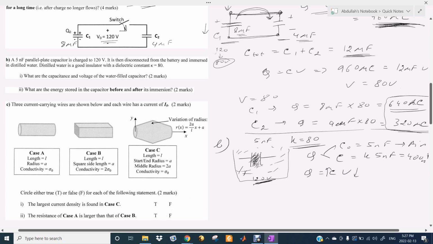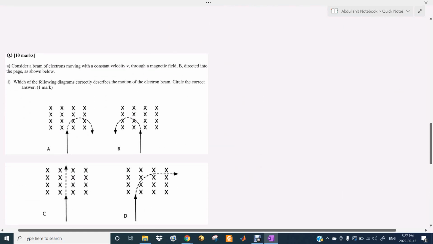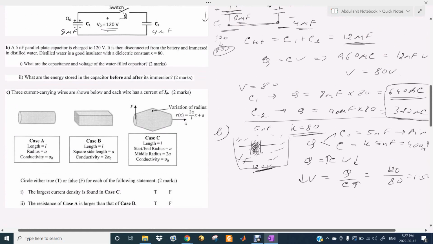Since V is equal to Q by C and your C increased because now you have water, the V decreases by the same factor as C increases. So the new V is 120 by 80, which is equal to 1.5 volts.